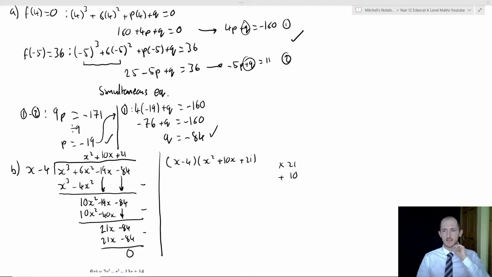So in this case, two numbers that times to 21 and add to 10 would be 7 and 3, so we can just shove them straight into brackets. Okay, are there any questions so far? No? Okay.